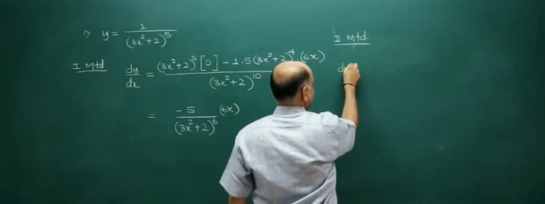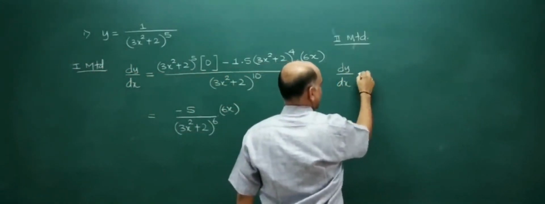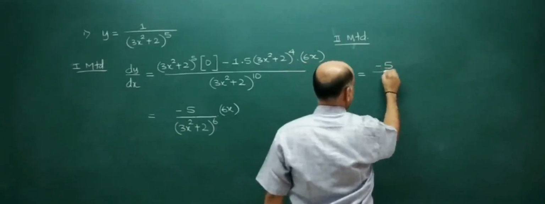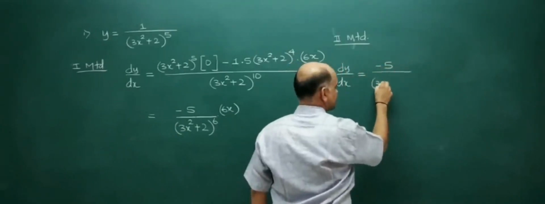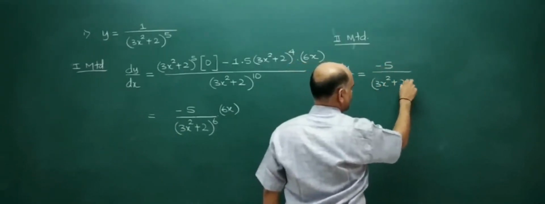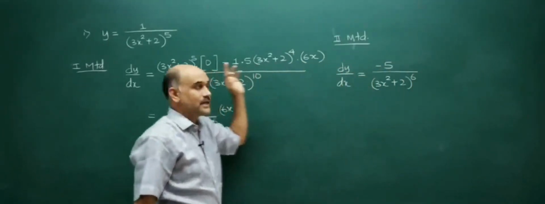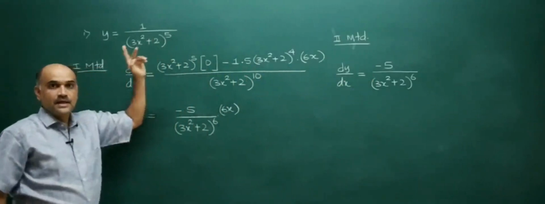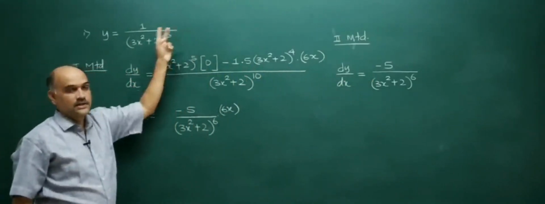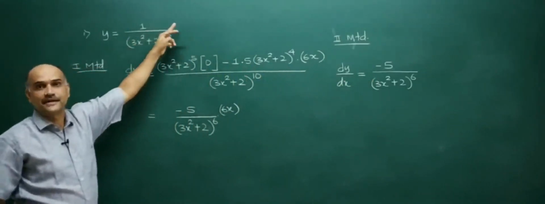So dy by dx will be equal to minus n, that is minus 5, by (3x square plus 2) bracket raised to 6, into, again by chain rule, differentiation of this bracket.